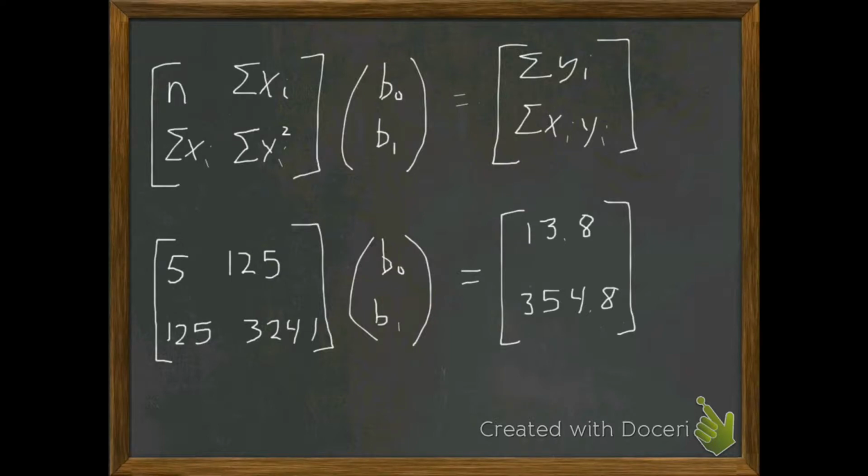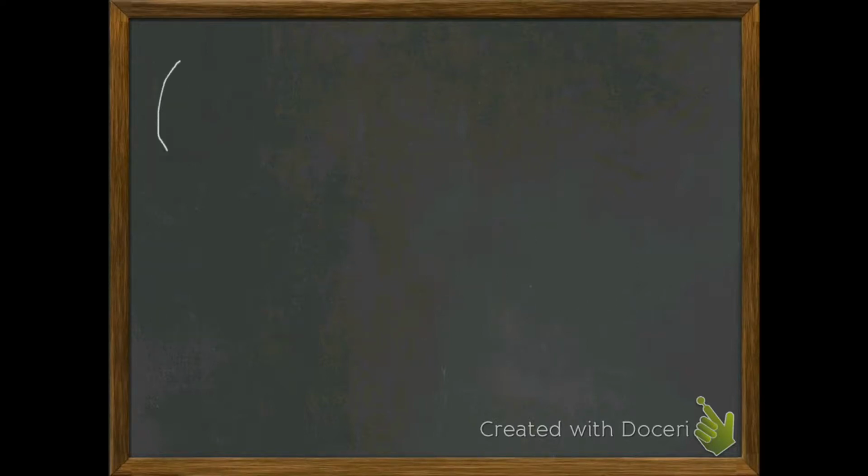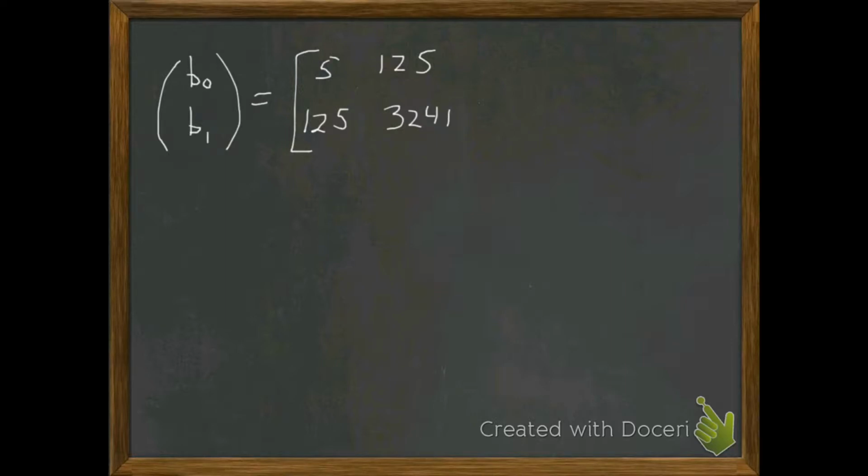Now, obviously what we can do here, well, I don't know if it's obvious, but what we can do here is we can take B0, B1 will be equal to 5, 125, 125, 3241, inverse times 13.8 and 354.8.